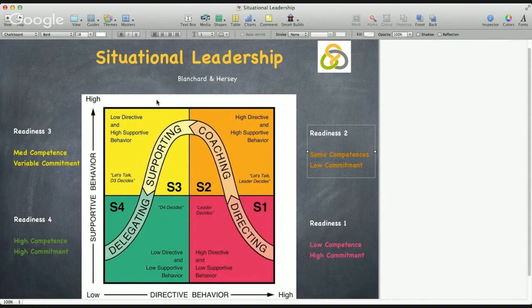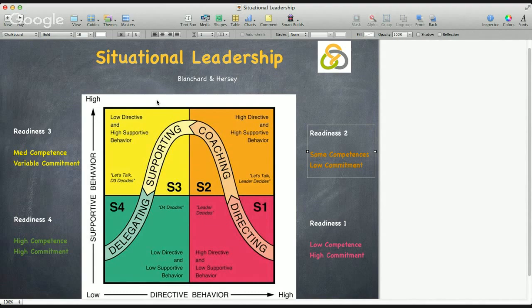It's fairly low in its supportive behaviour because you're expecting somebody to do exactly what it is that you're telling them to do. And the readiness aspect is really important from a delegate perspective. Generally speaking, high commitment, new to a job, new, quite exciting, let's try something different, low competence because they don't currently know what they're doing.